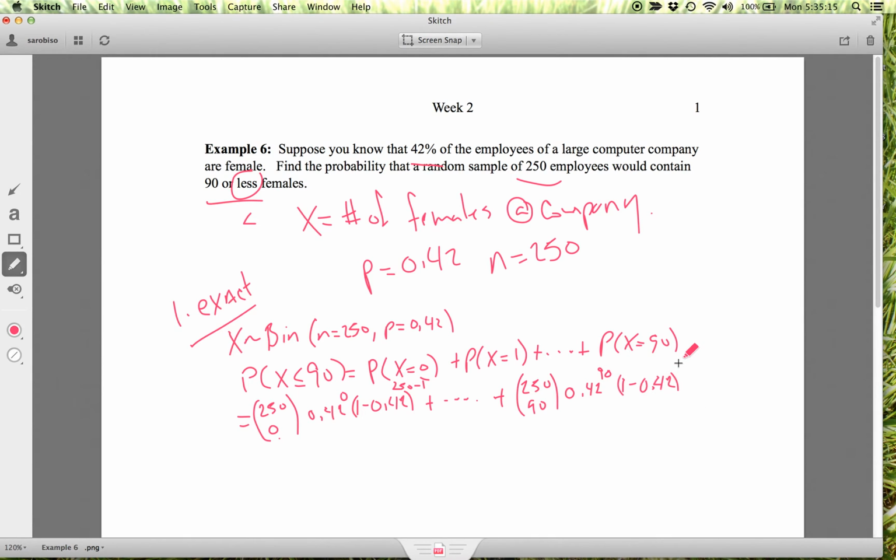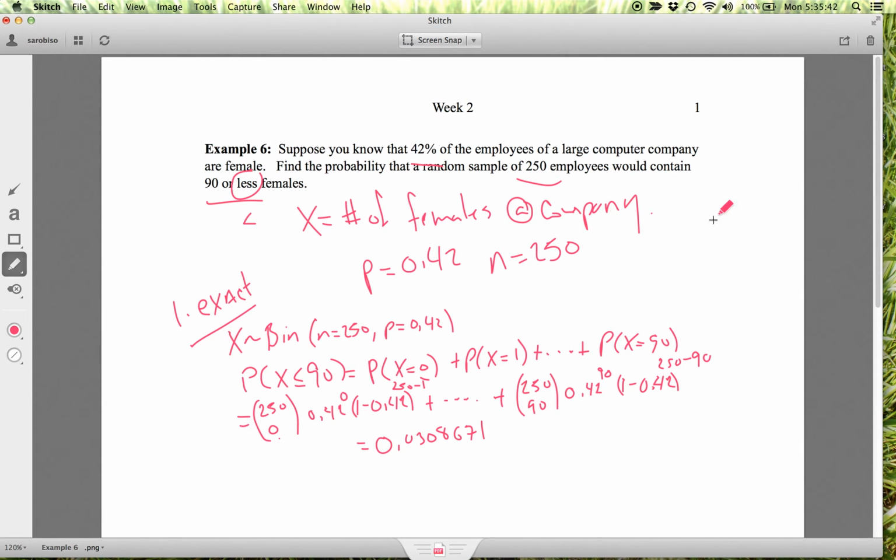The last one would be 250 choose 90. If you were to calculate all of these values, you would find that the answer is 0.0308671. I did not actually do that because that would take a massive amount of time.